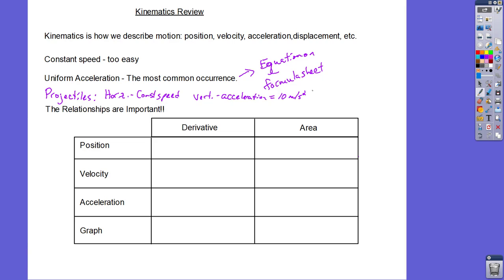So remember, if you have position, velocity, and acceleration, all versus time, then for a position versus time graph, the derivative is equal to velocity. For velocity versus time, if you take the derivative, that is equal to the acceleration.